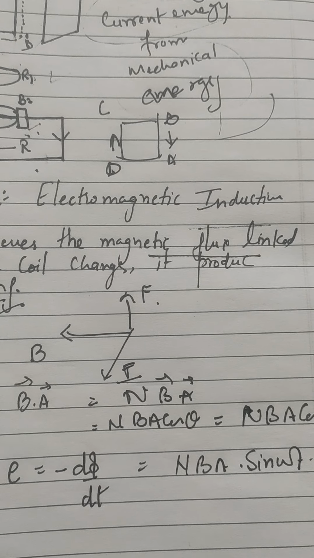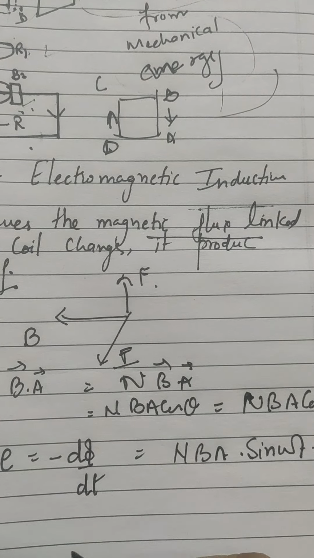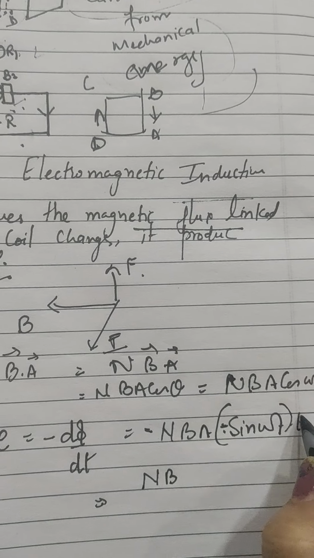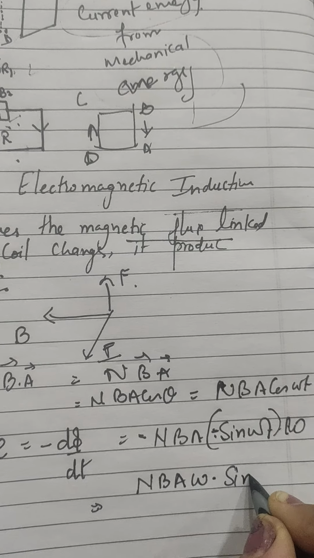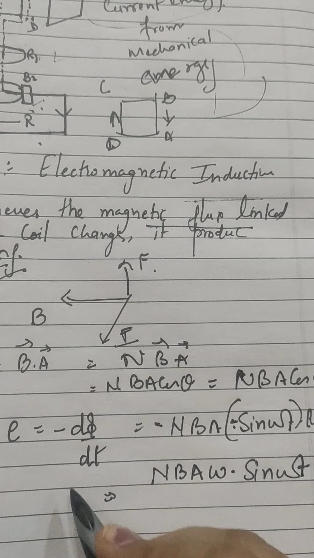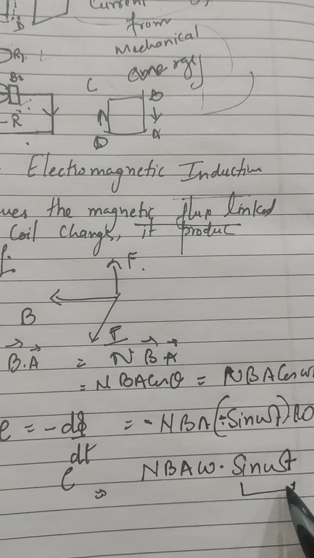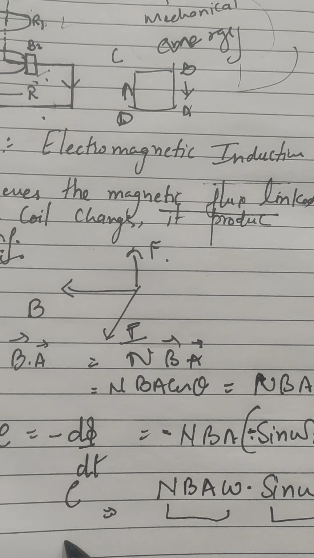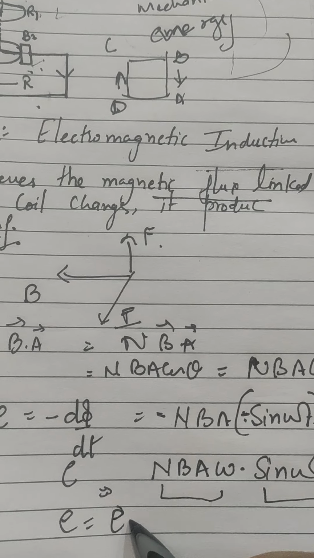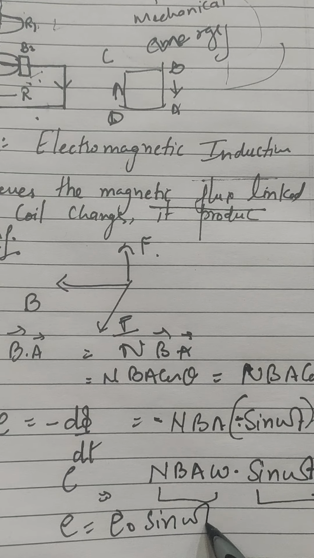Differentiation of cos is minus sine, and the minus was already there, so this comes out to be N B A omega sine omega t. Now this EMF induced will be maximum when sine omega t is 1. In that case that factor will be E naught. So E is equal to E naught sine omega t.